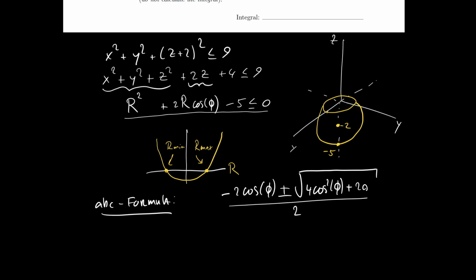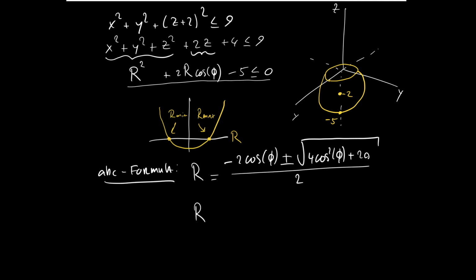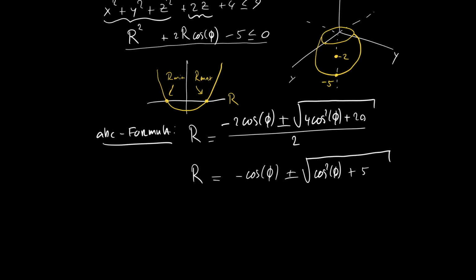Okay, and we can simplify, we can divide out by 2 to find, well, by the way, these are the R values of those roots here. And then we can find that R is actually minus cosine of phi plus or minus, well, transfer that half in the square root, we get the square root of cosine squared phi plus 5 here. All right, now that will give us an upper bound and a lower bound.